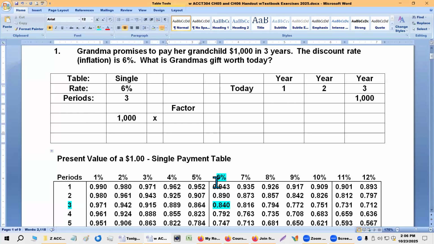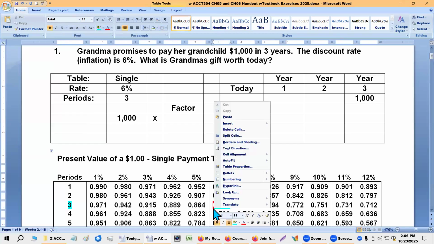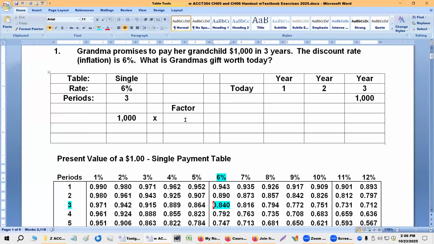So each dollar, 6% 3 years from now, is going to be worth about 84 cents. So grandma's gift today is worth $840.